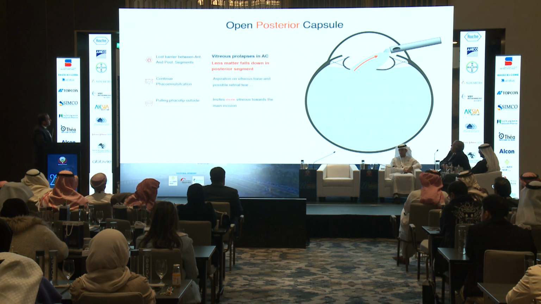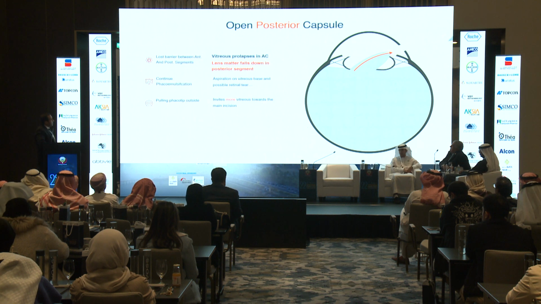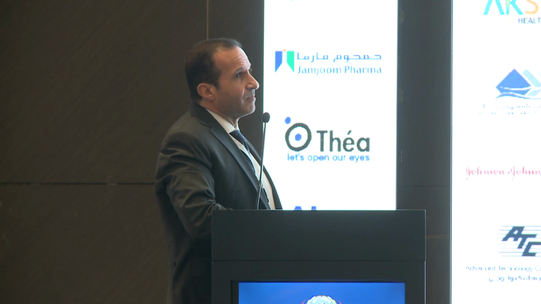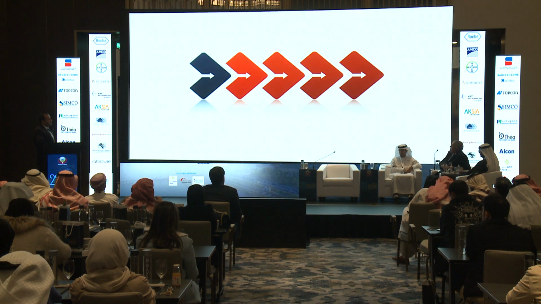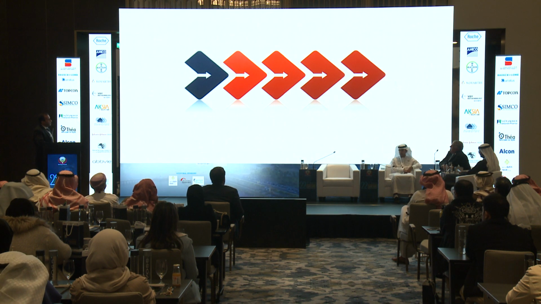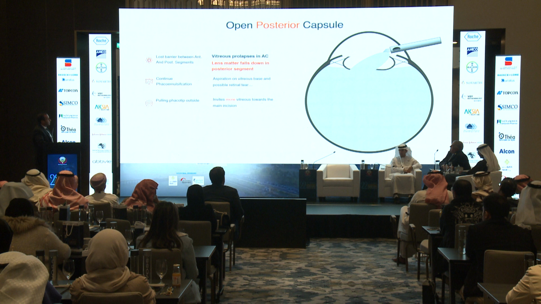The vitreous might prolapse, and aspiration of the vitreous while doing irrigation aspiration or continuing phacoemulsification will stress the vitreous base and may cause retinal breaks, and even if you pull out the phaco handpiece, you may initiate a giant retinal tear.